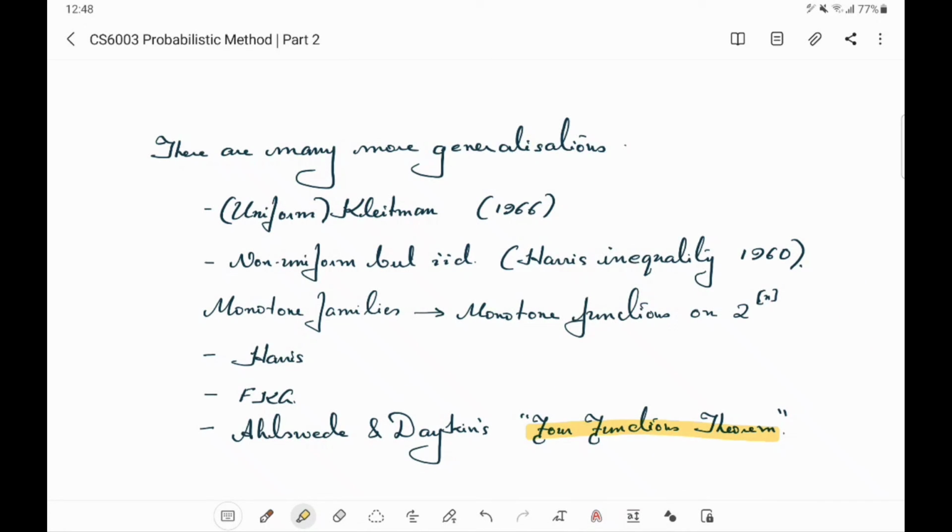We need a bit more build up for that, because there are 2 major changes there. Instead of talking about events, we can talk about functions defined on this sample space. In fact, events are also functions, the characteristic functions of the events, so this will be a generalization of that.